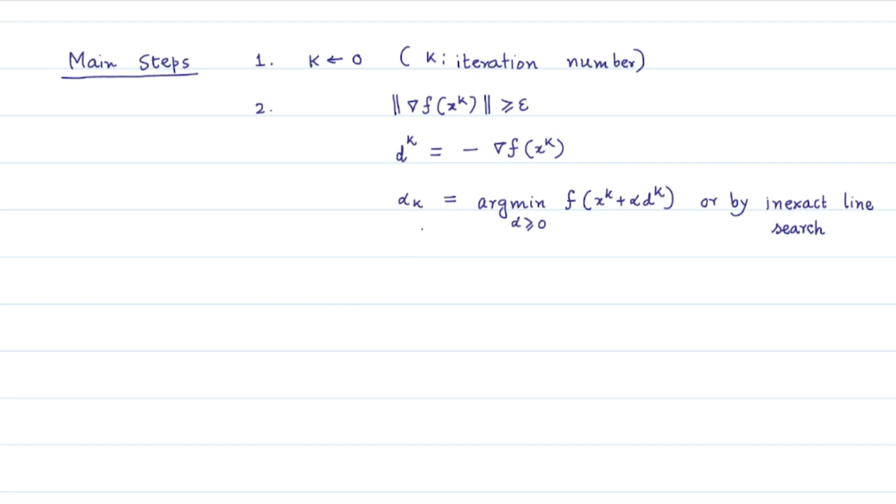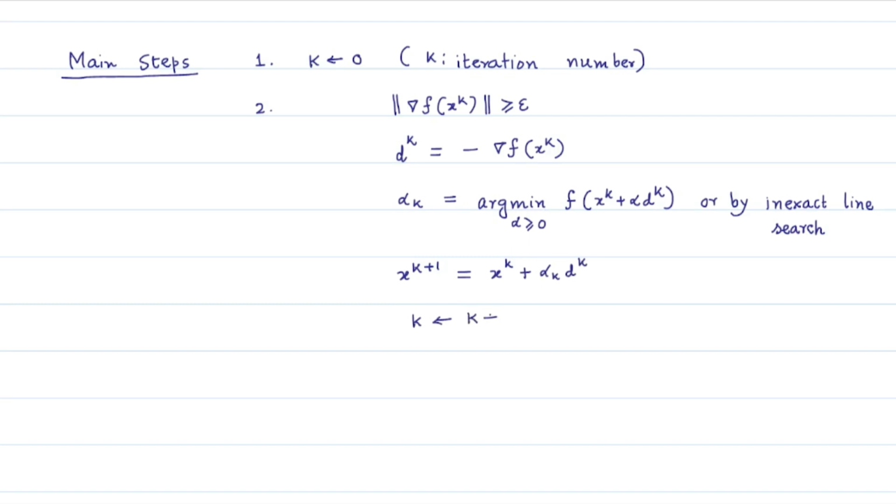After identifying alpha k, we update the current iterate by xk plus 1, which is given by xk plus alpha k dk. Then we increase the counter k by 1 unit.